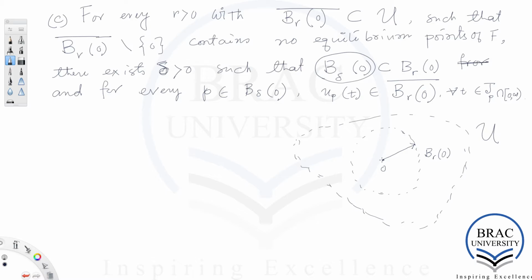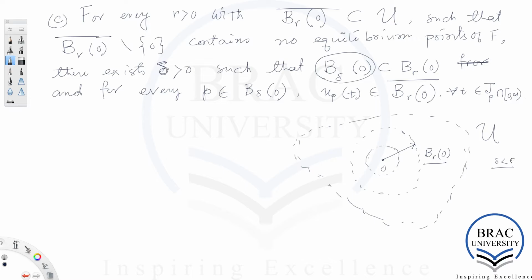If this is the case, then we will always find a positive delta such that if I draw a ball of radius delta centered at the origin, that ball will be contained in this ball of radius R centered at the origin, which means that delta is less than R.